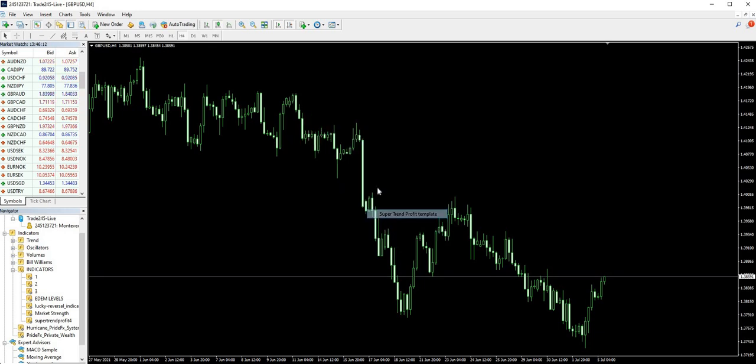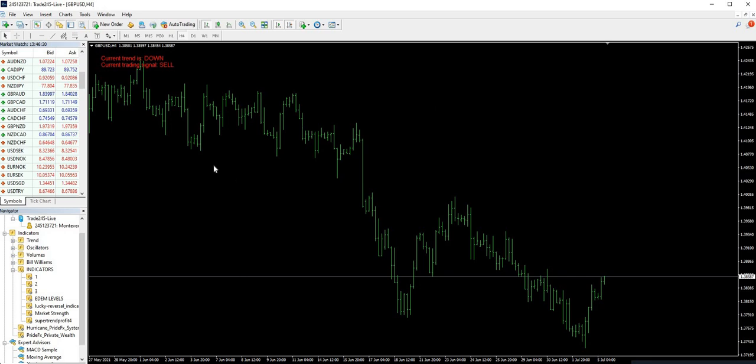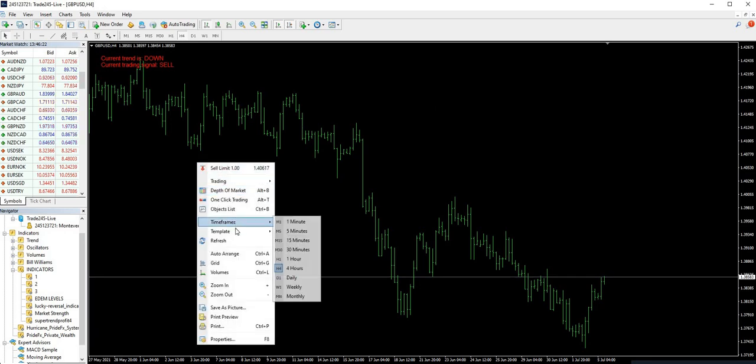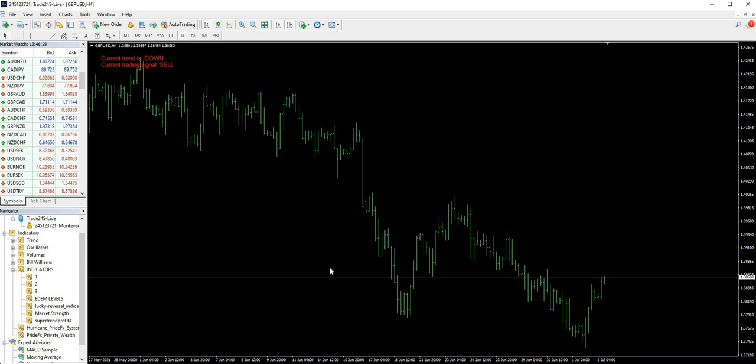And why do we need the template that much? The template will tell us exactly what the trend of the market is. We don't want to be focusing on too many things at one time, because that becomes a problem when you are trying to trade or find signals on the market.